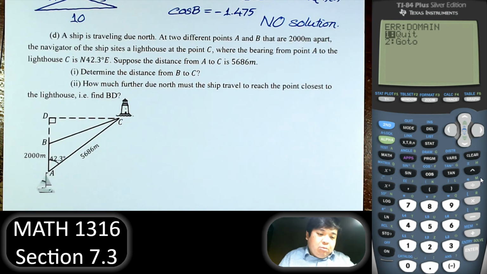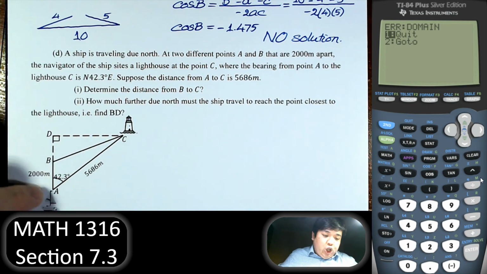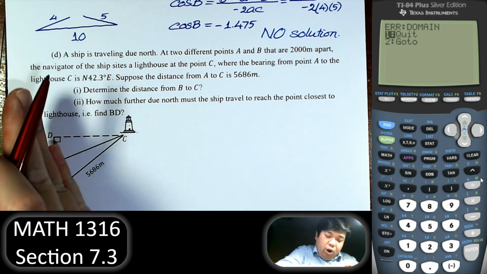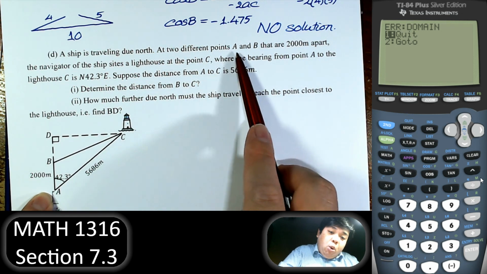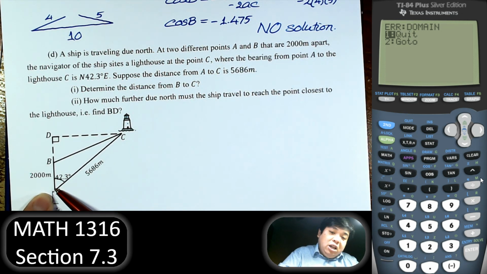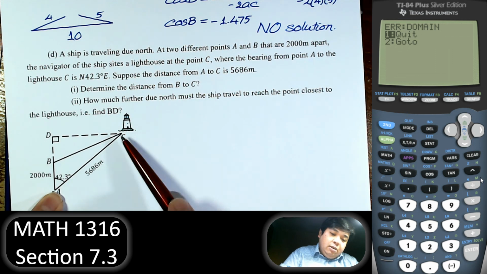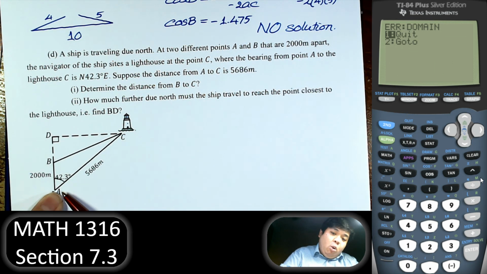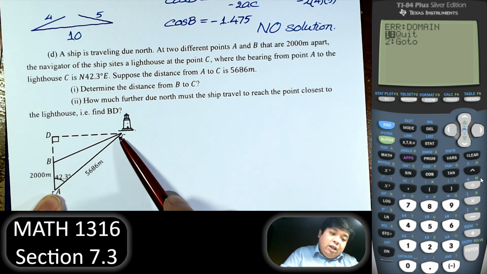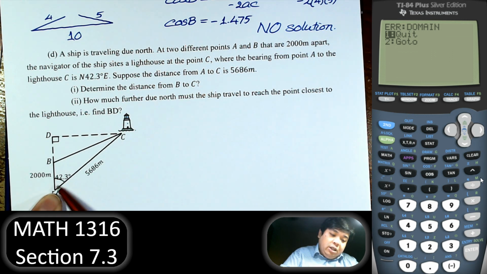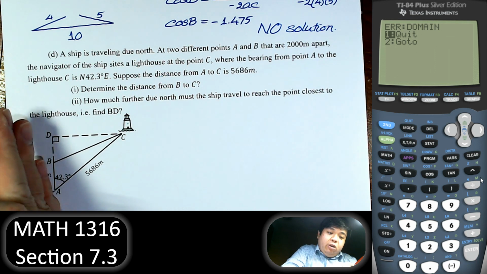Right, now look at an application problem. A ship goes due north, at two different points A and B that are 2,000 meters apart. The navigator of the ship sights a lighthouse at point C, where the bearing from point A to C is north 42.3 degrees.